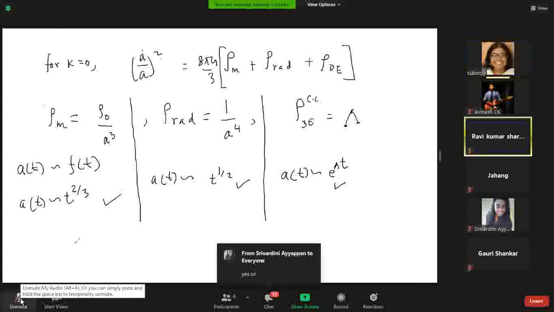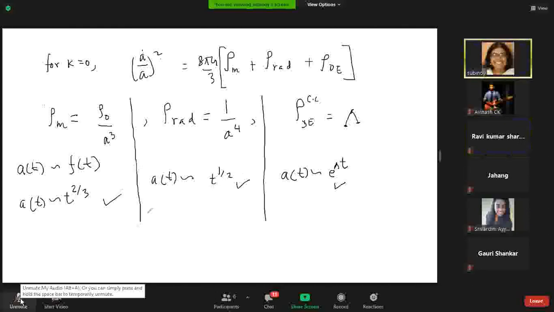Srivardhani got it. Ravi? Yes, sir. Okay. So now you all tell me which dominated universe expands fastest? Dark energy dominated. Dark energy dominated means exponential expansion. When you put an energy on the right hand side of the universe, in the cosmos, it is a constant energy density which does not change.